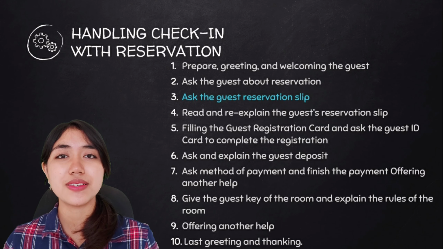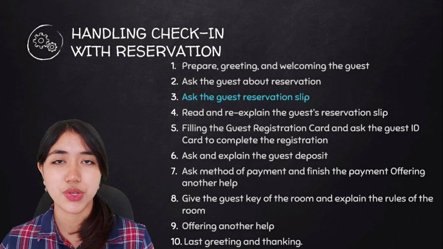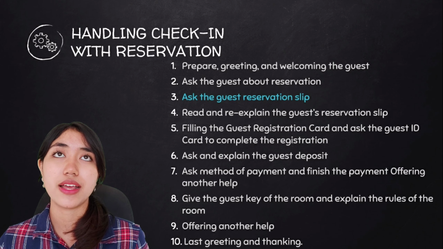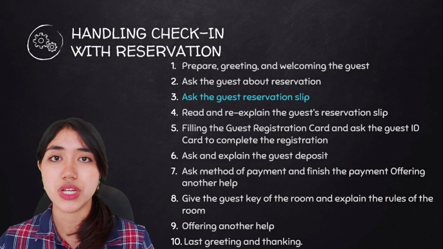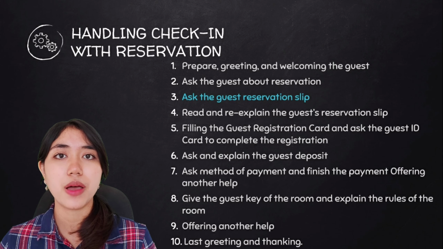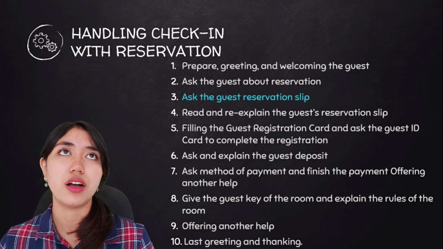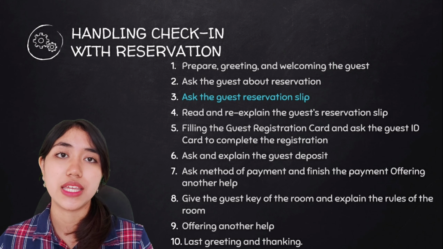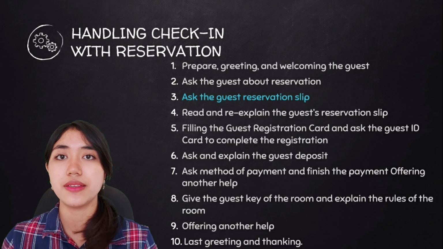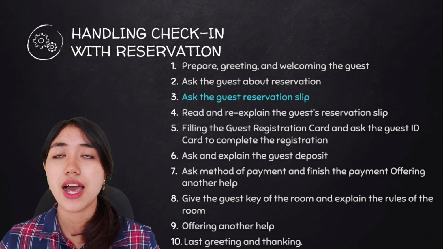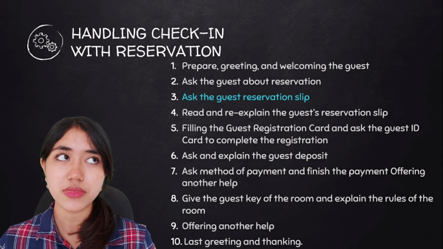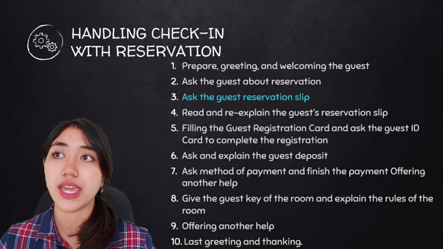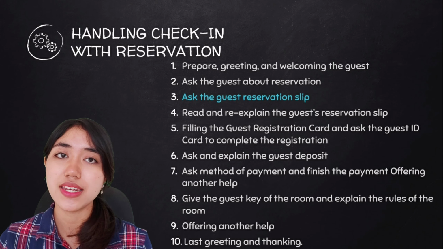There are 10 procedures in handling check-in with reservation, and actually it has the same procedures as handling check-in for walk-in guests, but there are two different points that differentiate this kind of check-in. The points you can see on the slide.